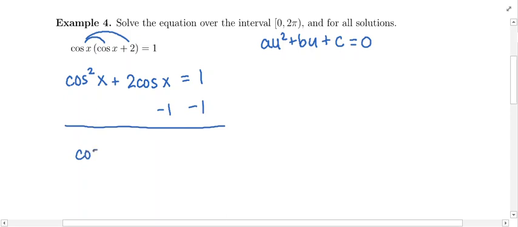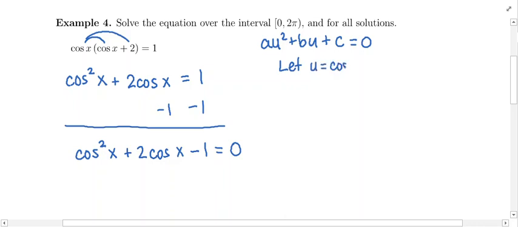That's going to give me the cosine squared of x plus 2 times the cosine of x minus 1 is equal to 0. If it helps you to convert it over to u's, go ahead and do so. It's definitely not a requirement here.